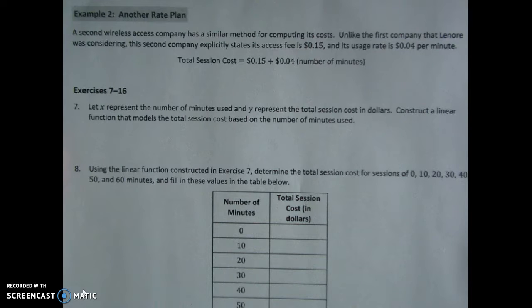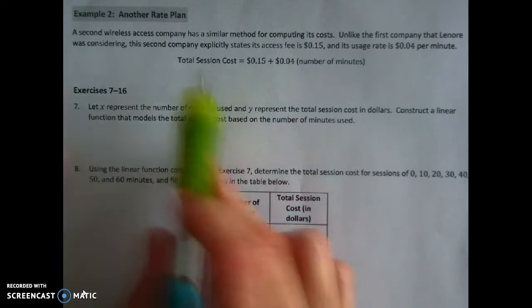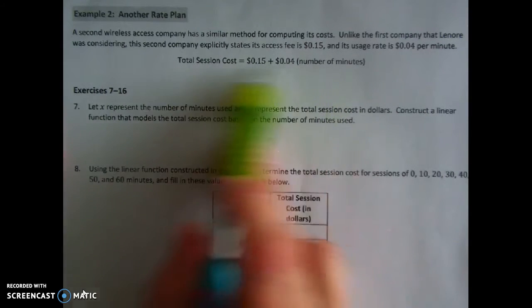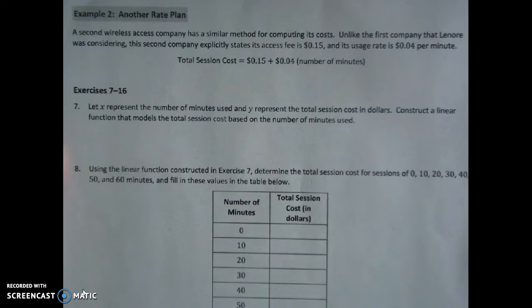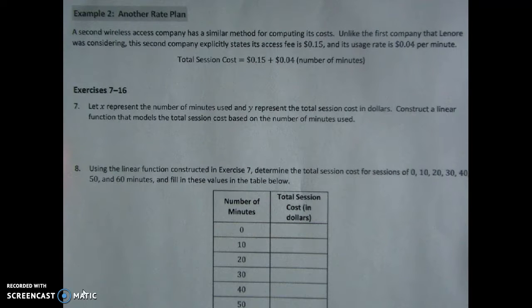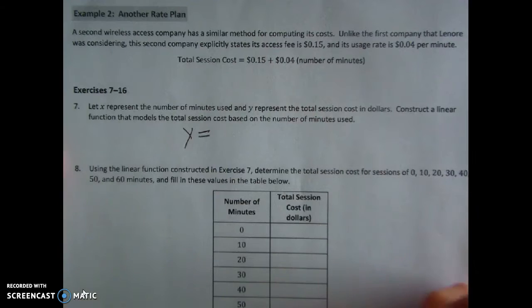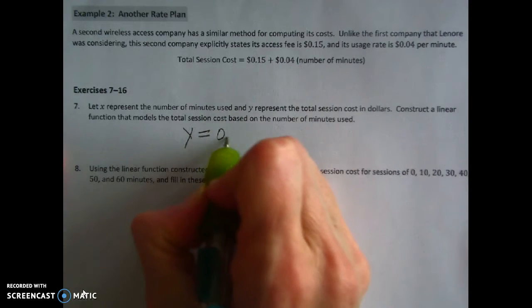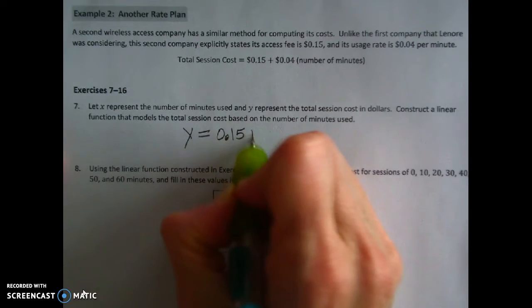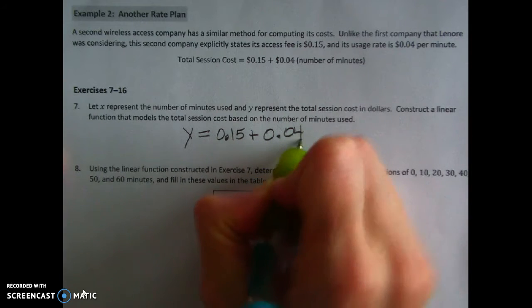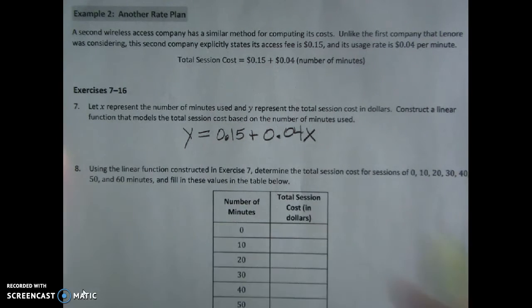In question number 7, they want us to translate that word/number equation into just an equation. So they don't want us to have any numbers there. So y representing the total cost, 15 cents plus 4 cents times the number of minutes. They're telling us to use x for the number of minutes. So there would be our equation for this problem.